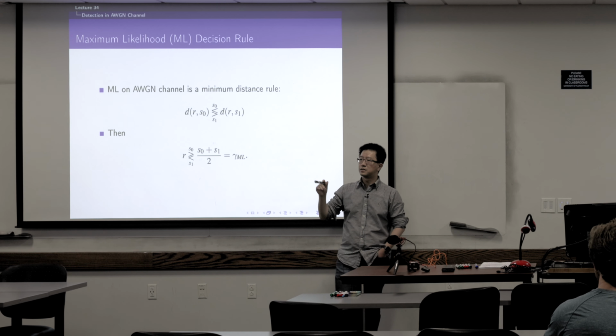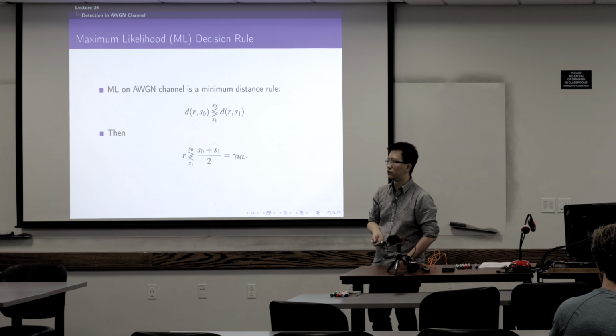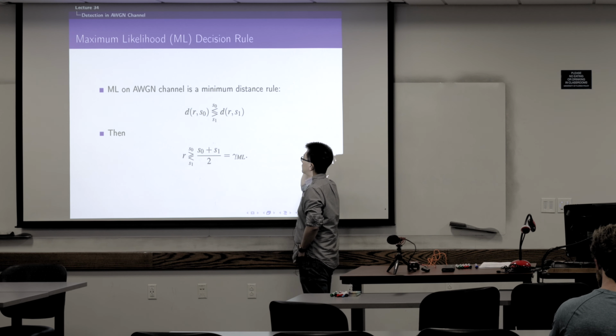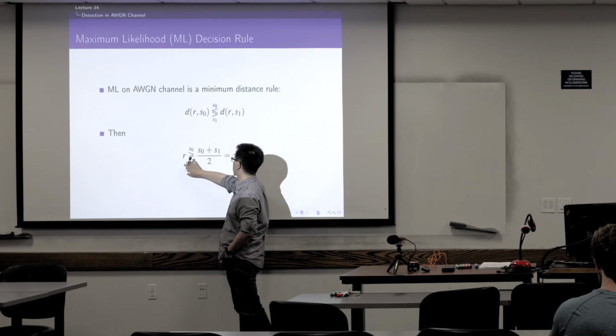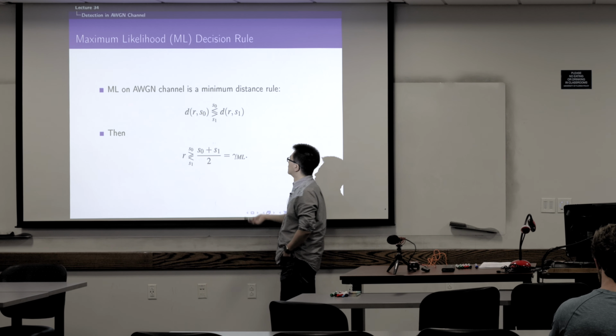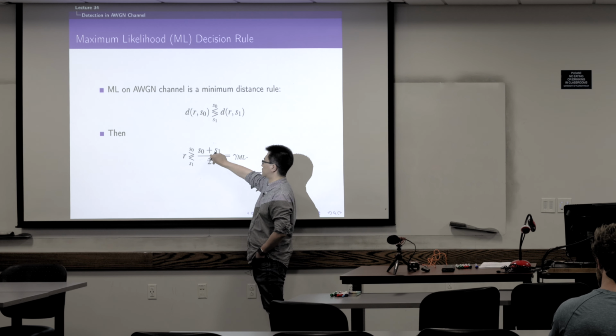The reason we have that is the form of the PDF of a Gaussian distribution. So the ML rule becomes a minimum Euclidean distance rule, and from this distance decision rule we can get the threshold. In this case, if you consider ML detection, the threshold is always the average of S0 and S1.